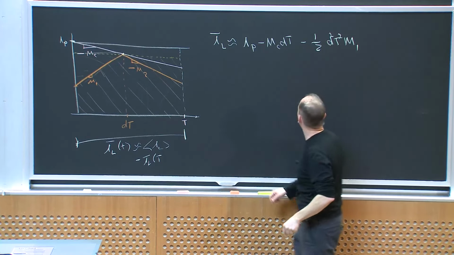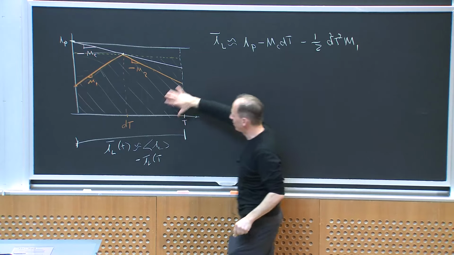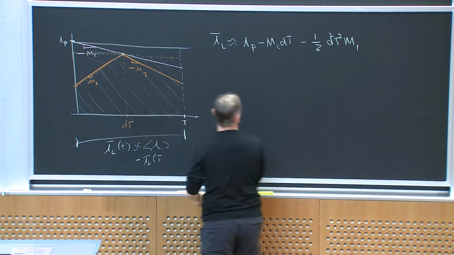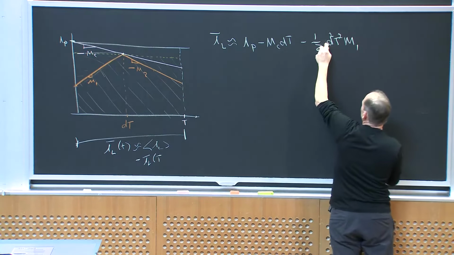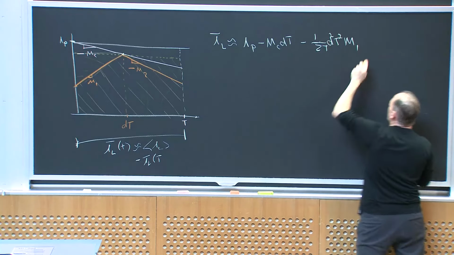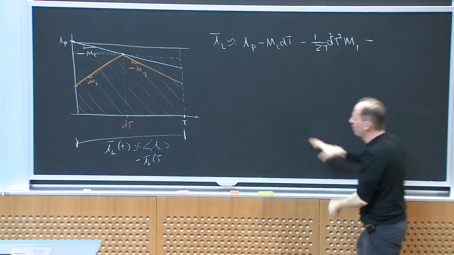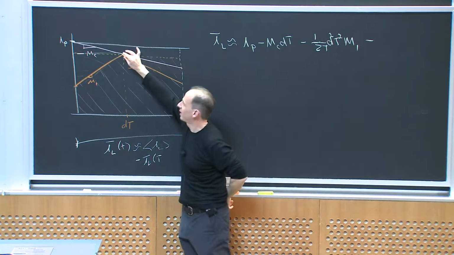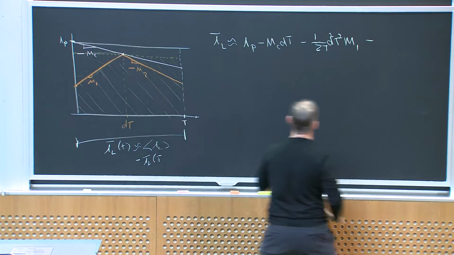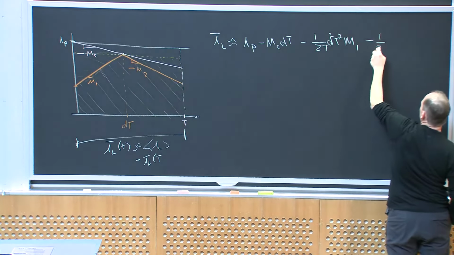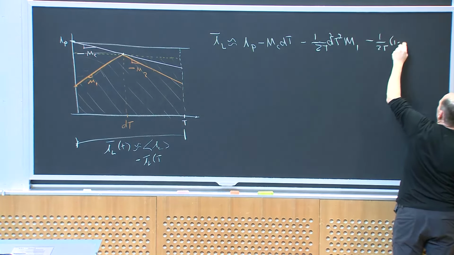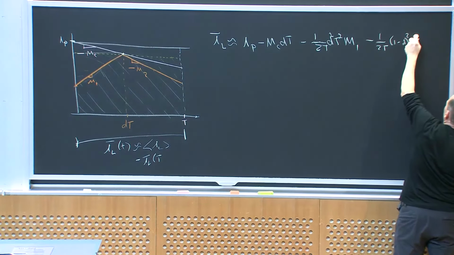And likewise, by the way, I better divide that by T because I'm taking an average, so this is 1/2T. And I better subtract off the area of this triangle divided by capital T, right? So this would be minus 1/2T, (1 minus d) quantity squared, T squared m2.